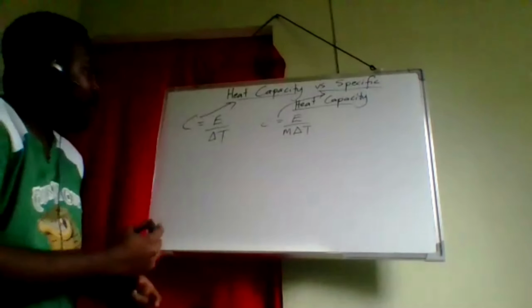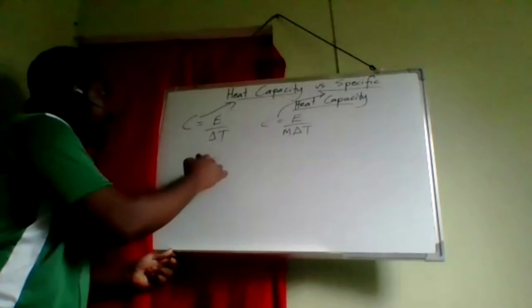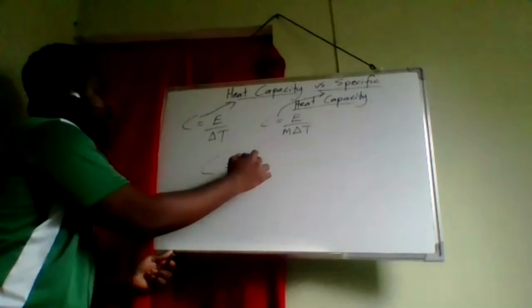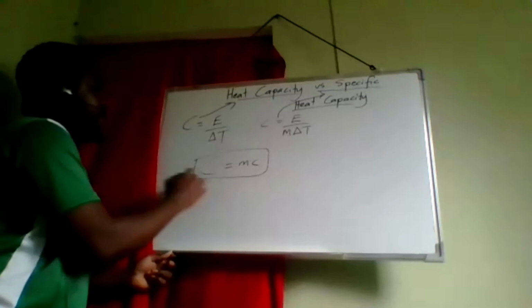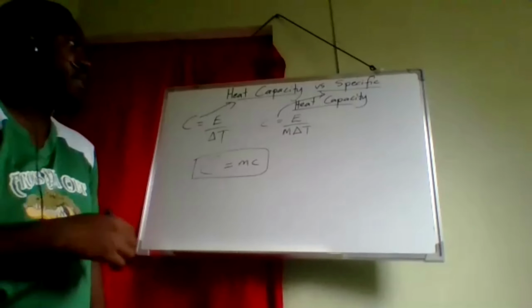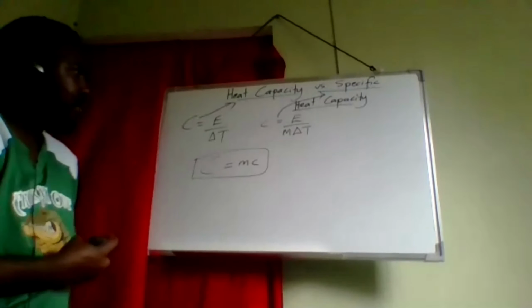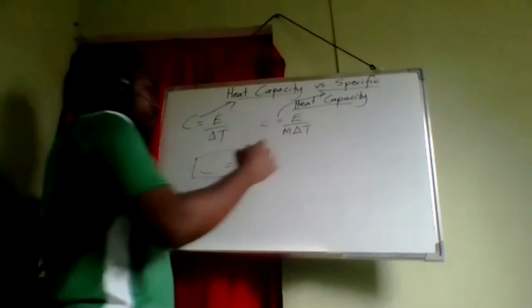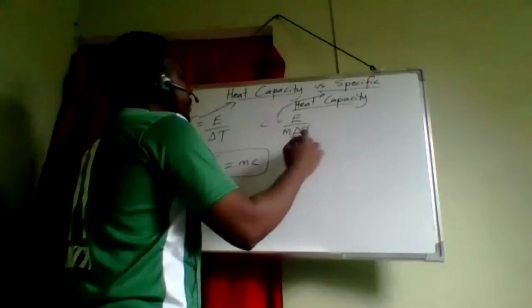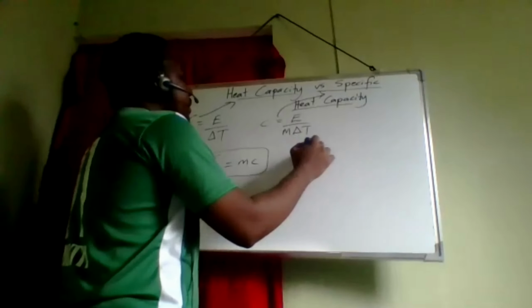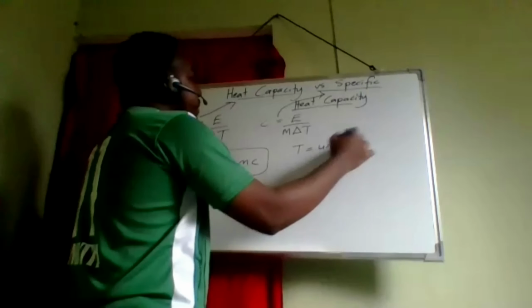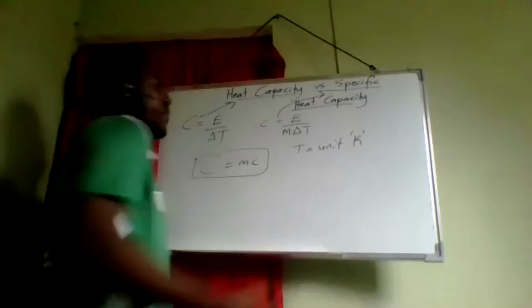All right, if we put both together, we get that C is equal to mc. So heat capacity is equal to mass times specific heat capacity, right? And also we should note that the temperature that we use is in the unit of Kelvin, right?